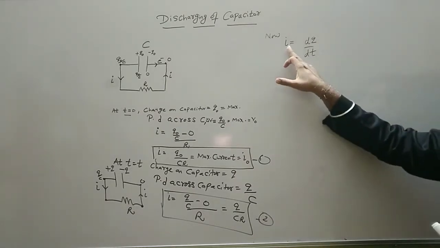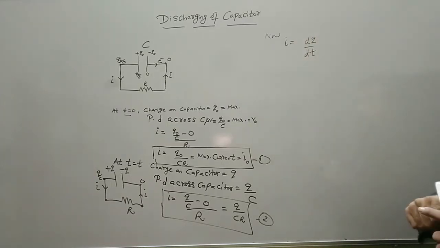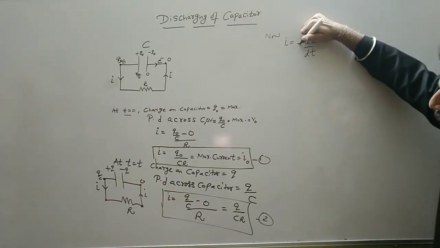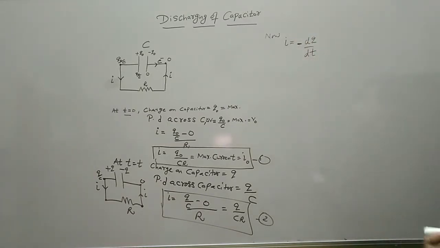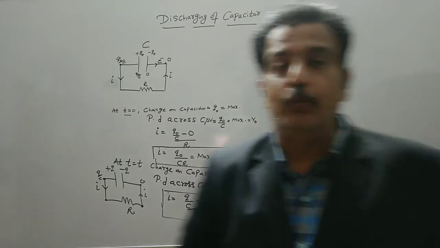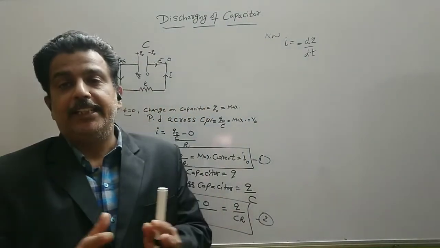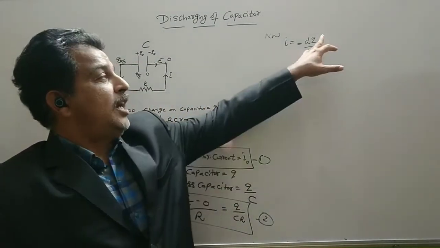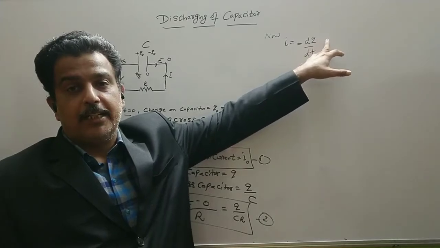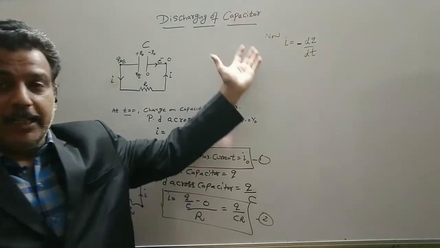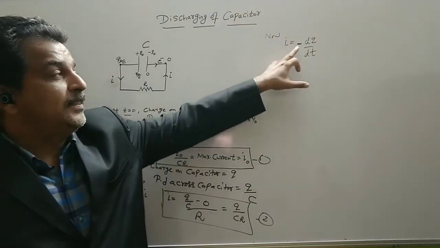We consider it as a scalar quantity. It should be positive. So instead of dq by dt, we substitute the minus sign. So here I should be written as minus dq by dt, which indicates that the change in the charge is negative, and to make the I positive we substitute a minus sign.